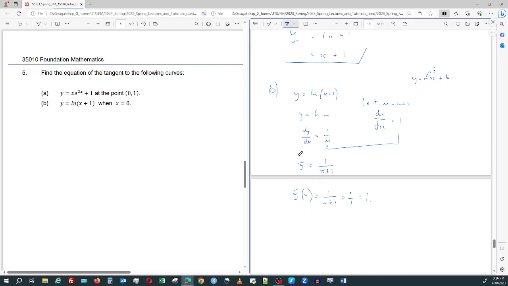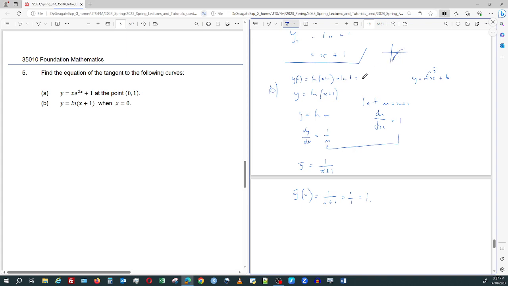Now, we need to find out y when x is 0. So we use function notation, drop an x in. The ln of 0 plus 1 equals the ln of 1. Now, what is the ln of 1? You might not remember. There's my ln function.